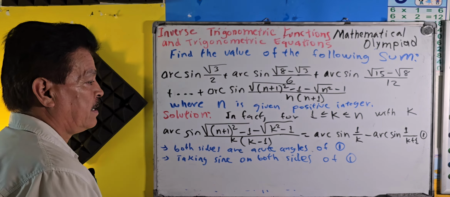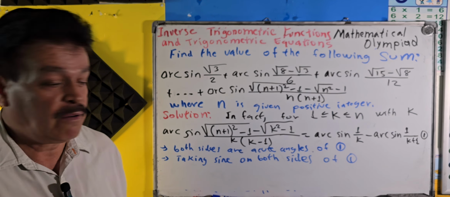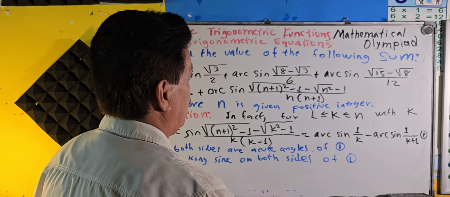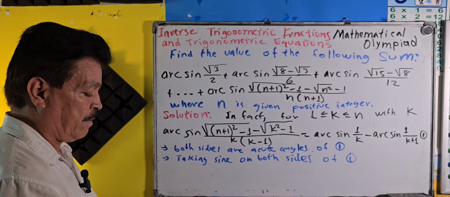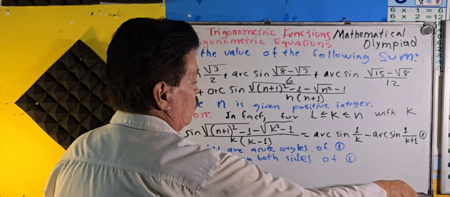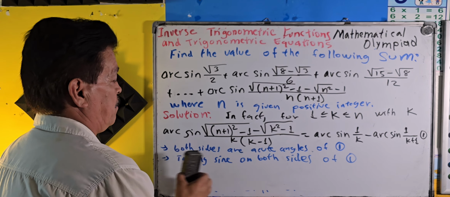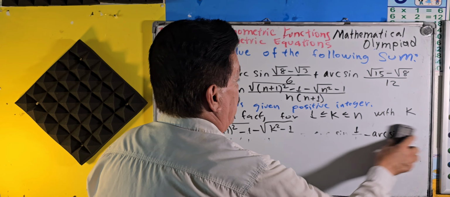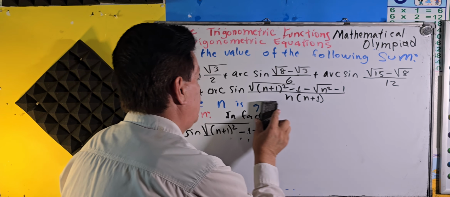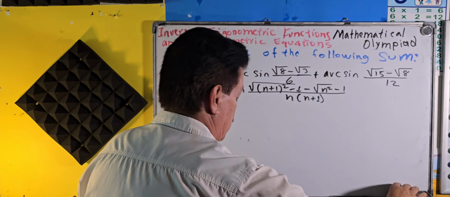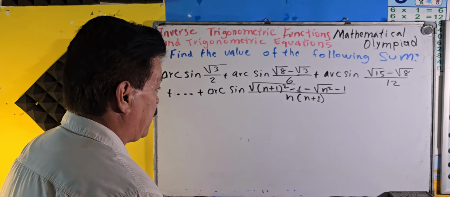So this is our next step. I will erase everything to solve my problem. Now let's erase it here. I want to keep the problem there, so let's write it here.